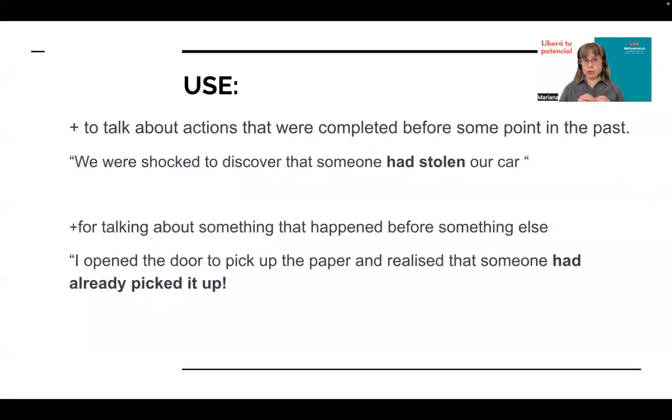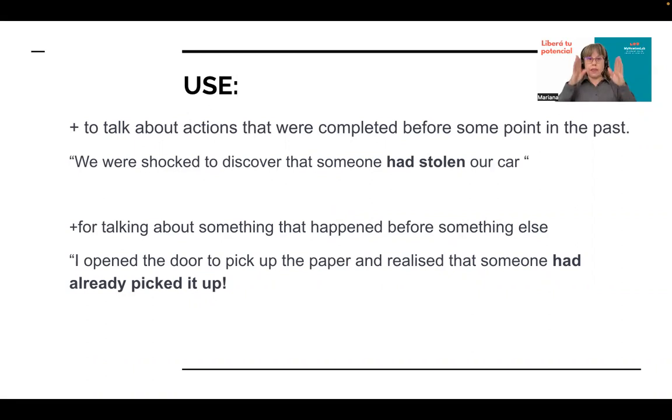We use past perfect when we want to talk about actions that were completed at some point, but before another past action. For example, we were shocked. This is a past action, a point in the past, to discover that someone had stolen our car.